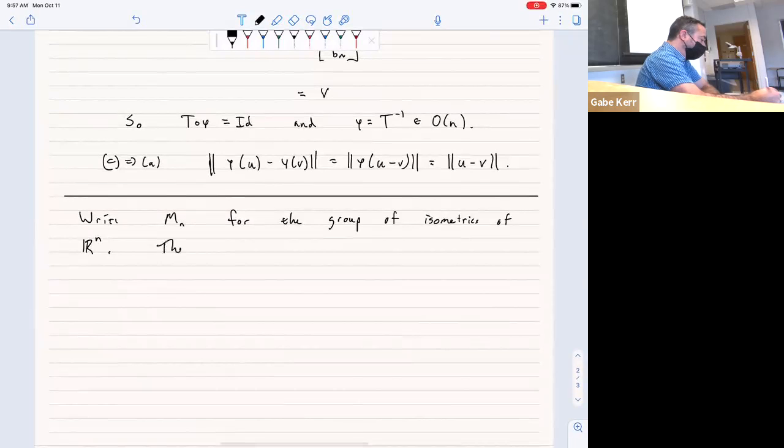So then there's a corollary of this theorem, which says that if we have an element of this, then we can express it uniquely in the following way.